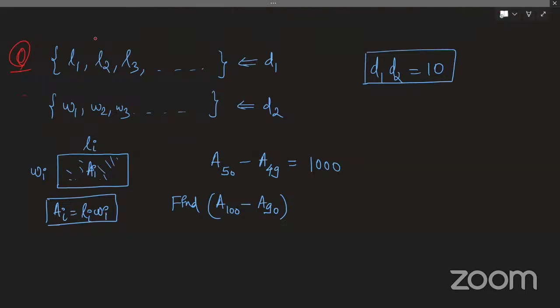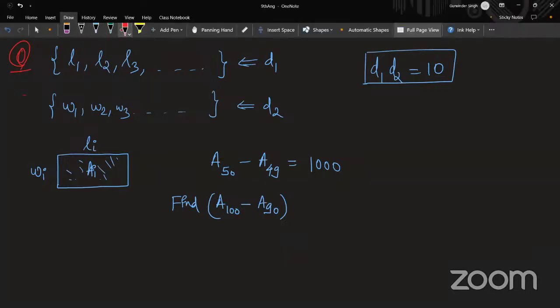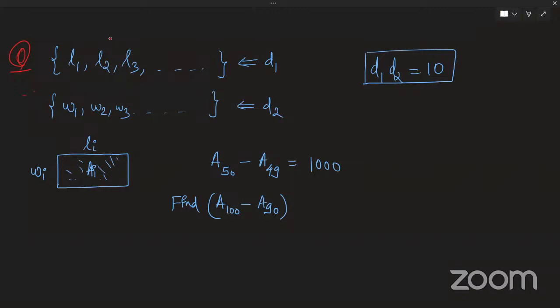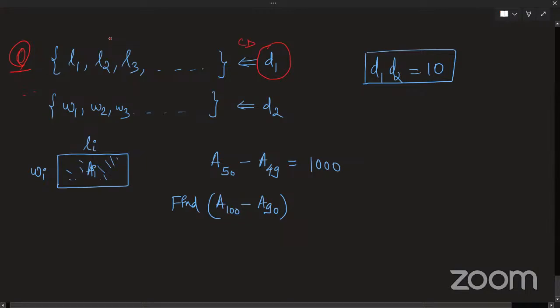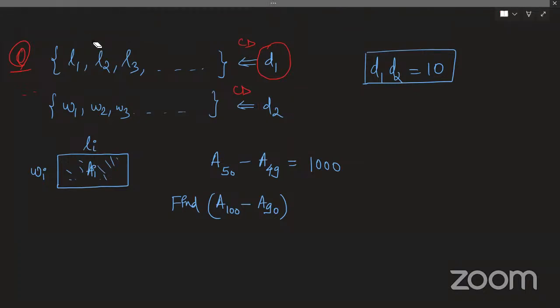See, I shouldn't ideally be giving you this also. What is happening is I have two APs. My first AP is L1, L2, L3 like that, and the common difference is D1. The second AP is W1, W2, W3, and its common difference is D2. Like that, I have two APs.